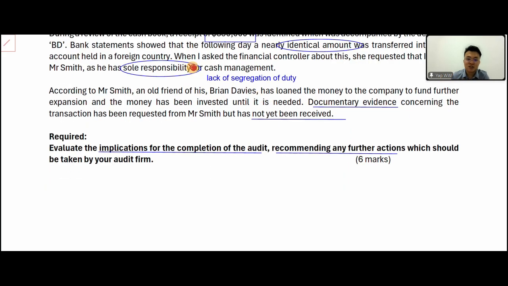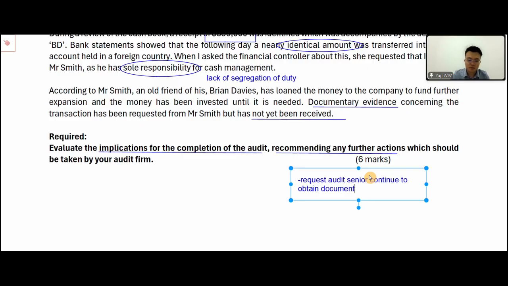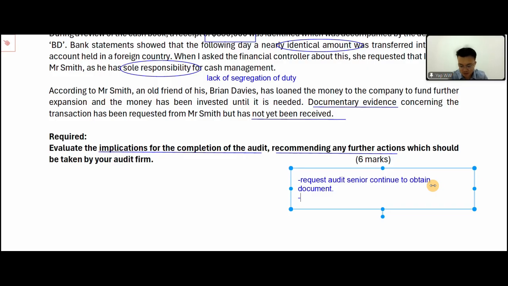So your further action is to request the audit senior to continue to obtain the documents. He hasn't finished the audit work yet. There are no documents, so continue to request.